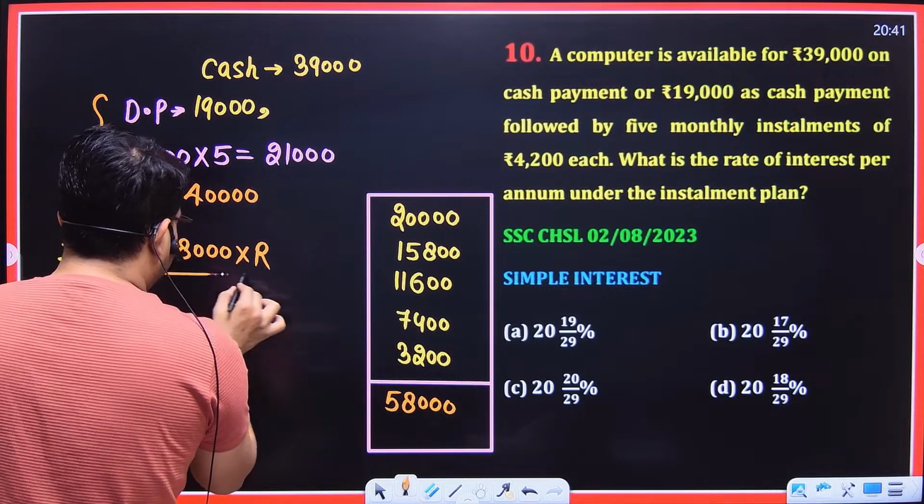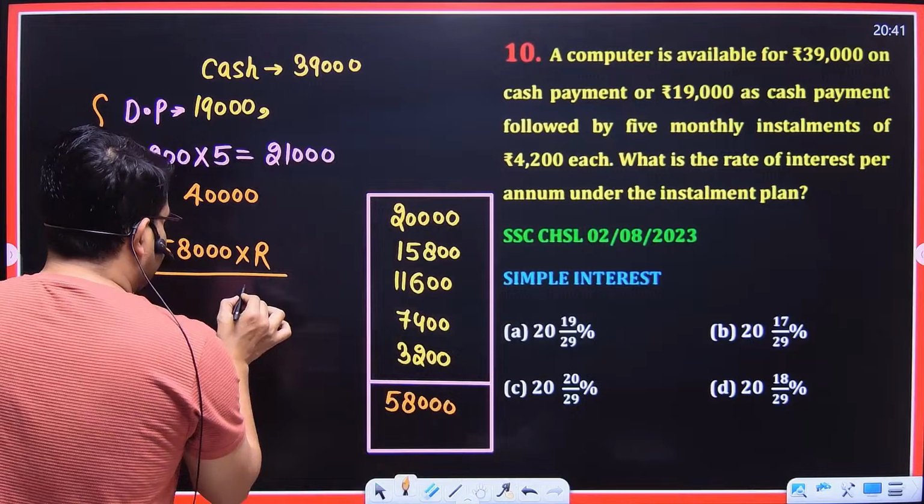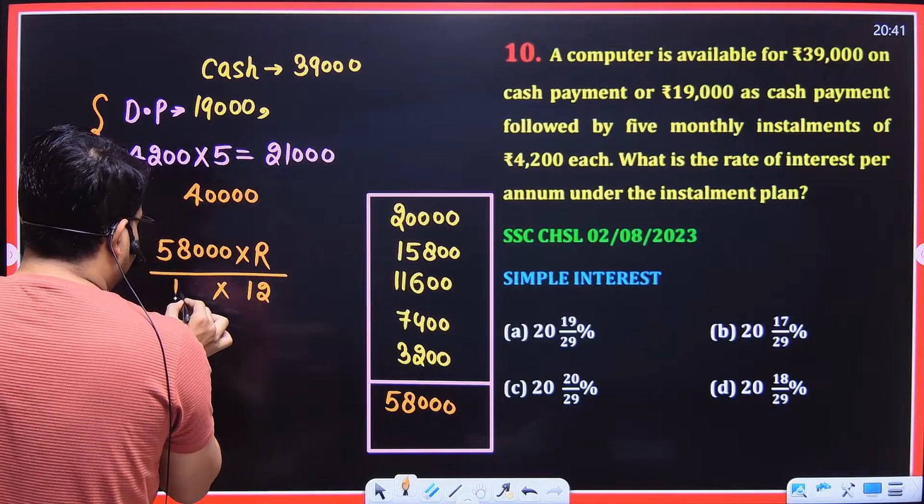R here is given in months. We have to calculate it annually. We will divide it by 12 because the interest is monthly, into 100.